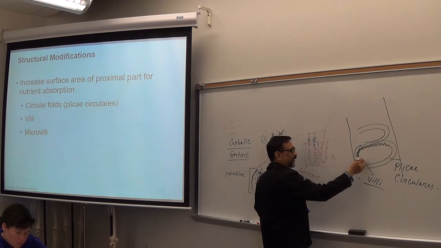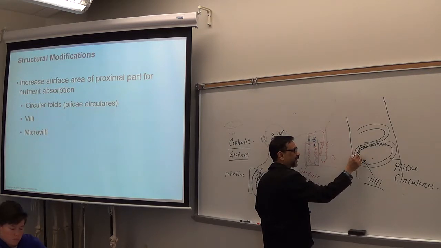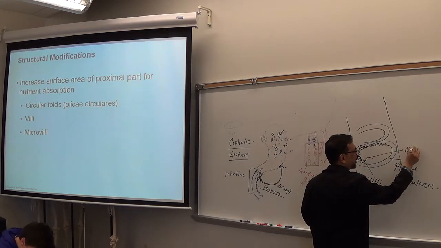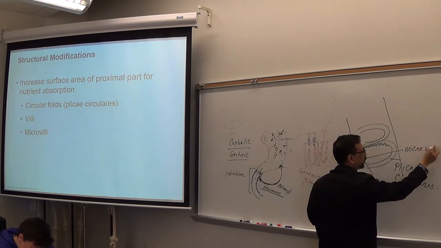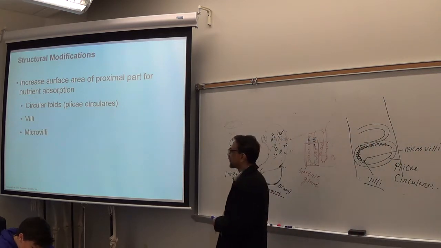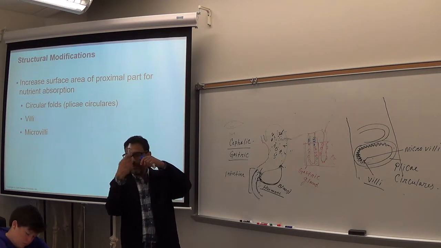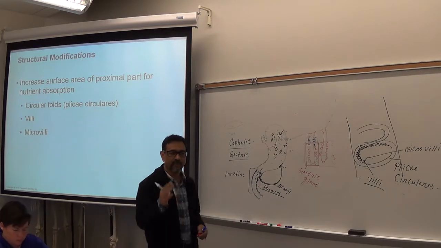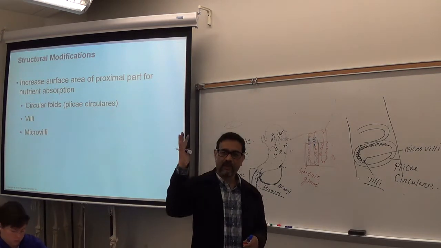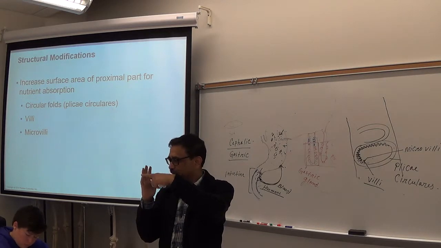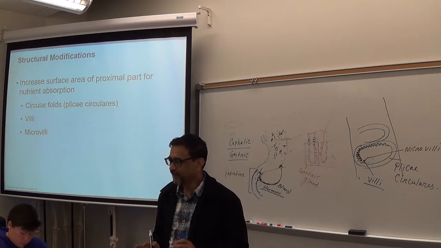And on the apical end, or upper end, of villi, you have hair-like structures. These are called microvilli. So you have plica circularis, circular folds, and inside the plica circularis you have many finger-like structures like this. Those are called villi, okay? And on the top of the villi you have hair. Those are called microvilli. Is it clear?